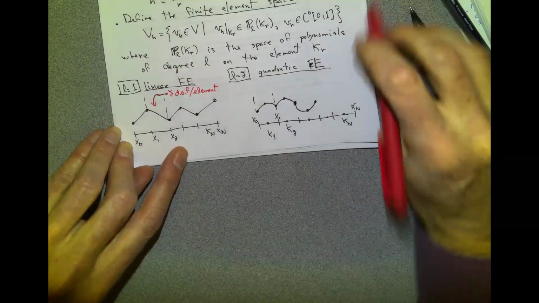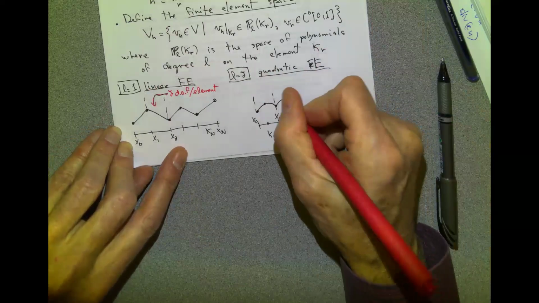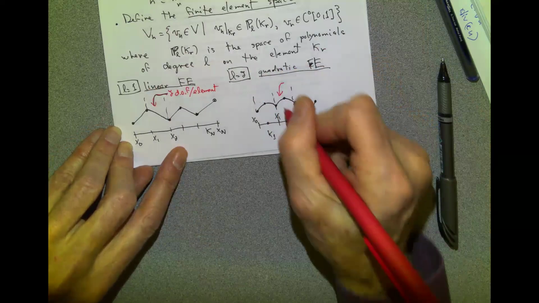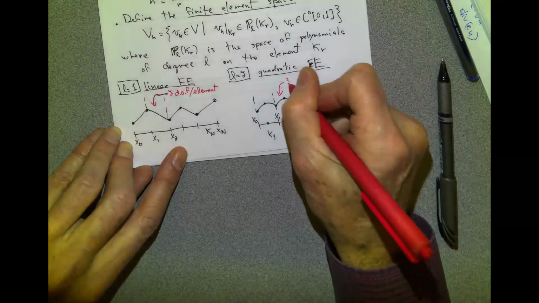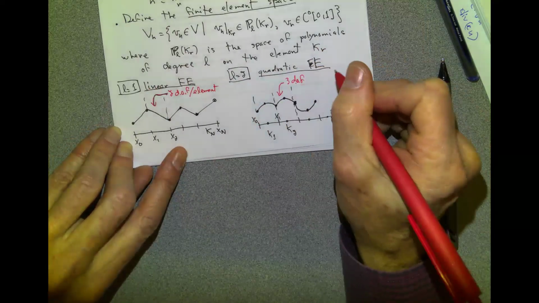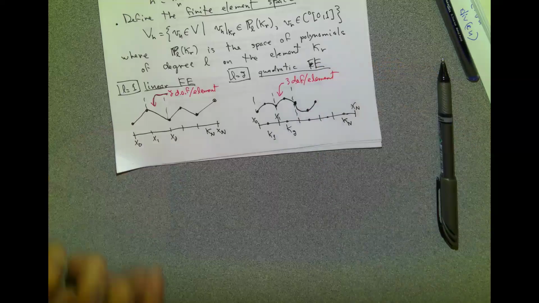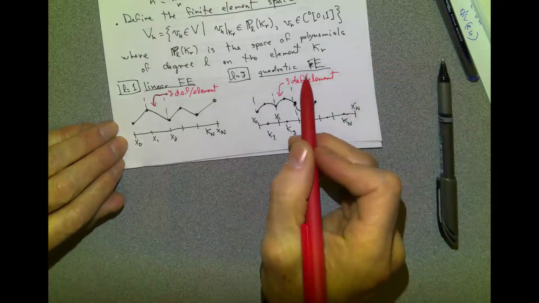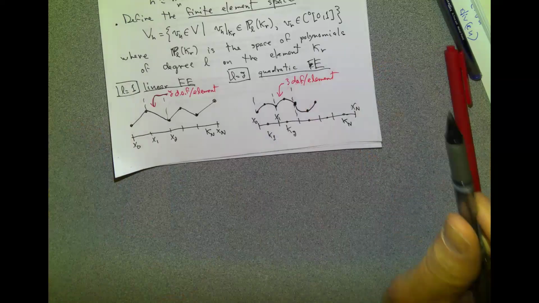While here we're getting 3 degrees of freedom by element. But the endpoints are shared with the neighboring elements. And if you keep going like that with cubic finite element, you would get 4 degrees of freedom by element.